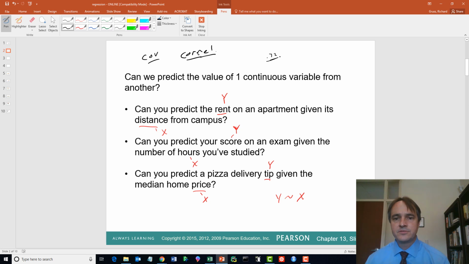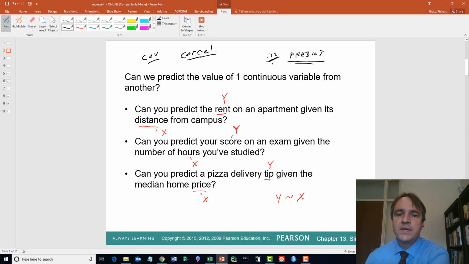This tells you that there's a strong positive relationship, but it doesn't actually allow you to predict anything. It doesn't actually say, okay, well, if the median home value rises by $8,000, what can we expect to happen with the tip? So correlation and covariance don't allow us to predict.